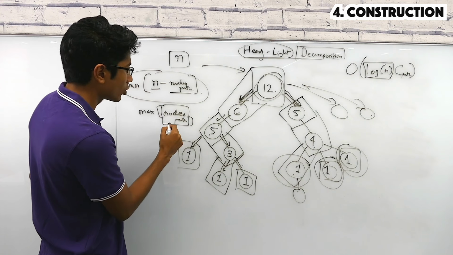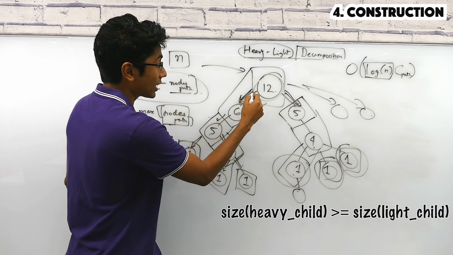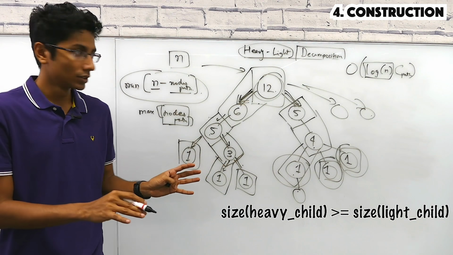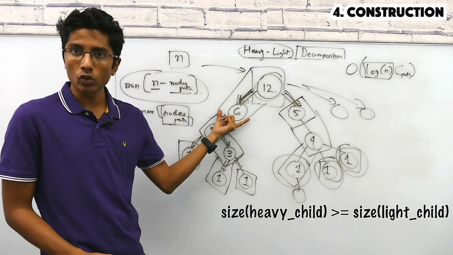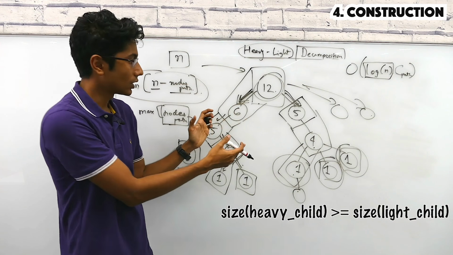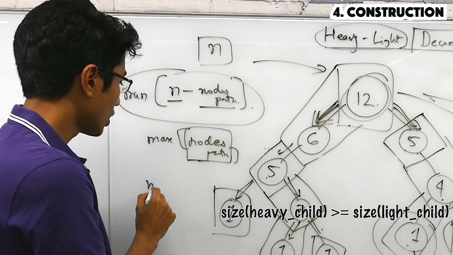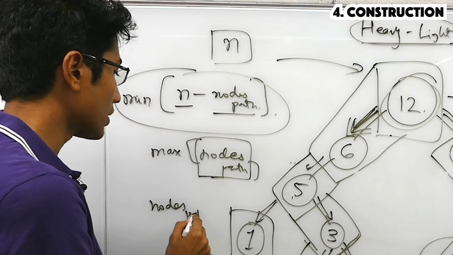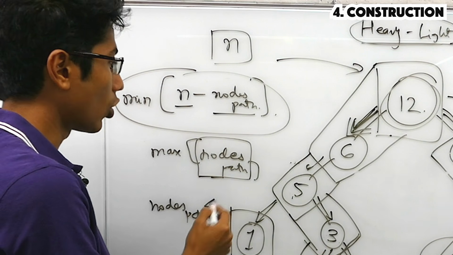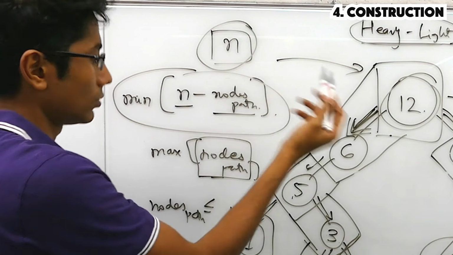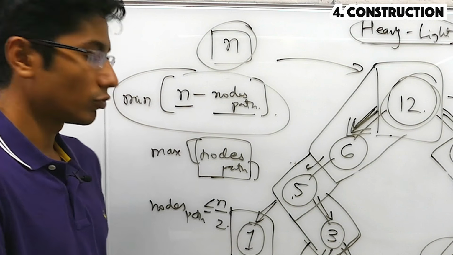The number of nodes you have in your path is less than the number of nodes that the heavy edge had in its path. Even if I make this equal to this node's size, that still gives me total number of nodes in path is less than or equal to the sum of nodes you had in this subtree, which is n by 2.